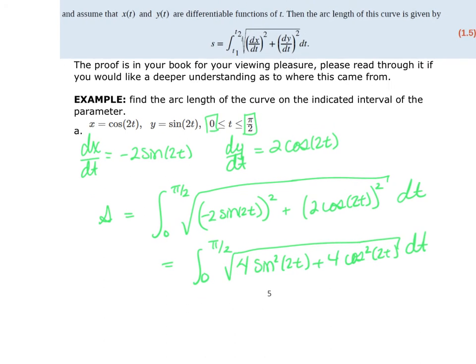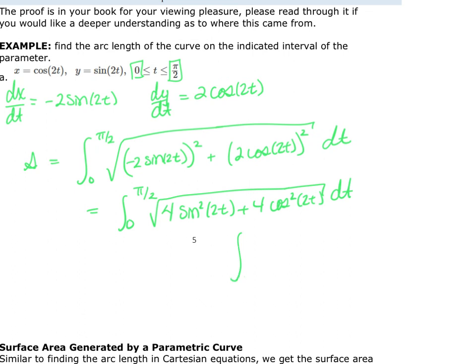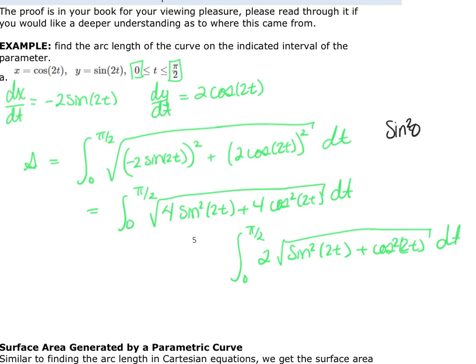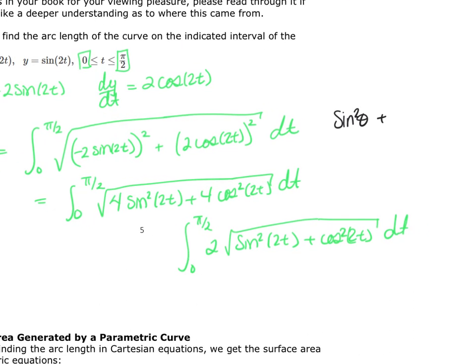dt. If I factor a 4 out, I'm going to have the integration from 0 to pi over 2 of the square root of 4, which is 2. And then I have the sine squared of 2t plus the cosine squared of 2t. But we know that the sine squared of any angle plus the cosine squared of any angle is equal to 1.